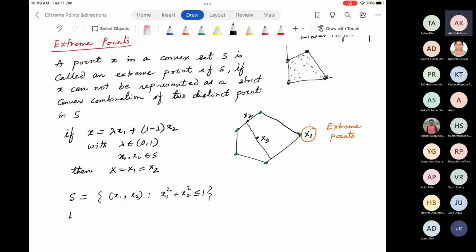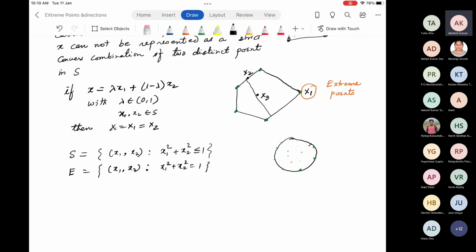If I want to describe its extreme points, where do they lie for this circle? On the circumference, where x1 squared plus x2 squared equals 1. Very good. Whenever this is true, these are extreme points. So if I draw a circle, the points on the circumference are the extreme points. Any other points inside can always be described as a convex combination of other points.